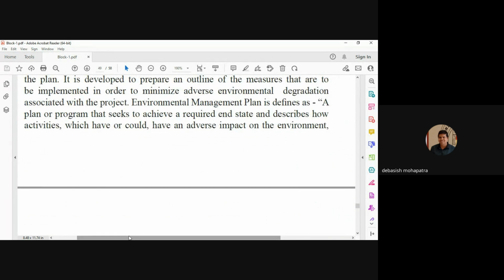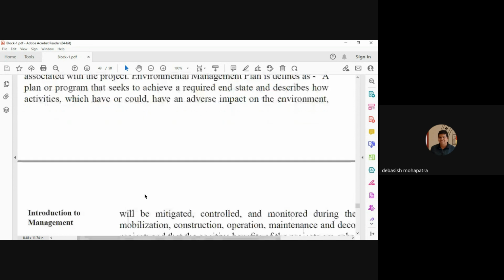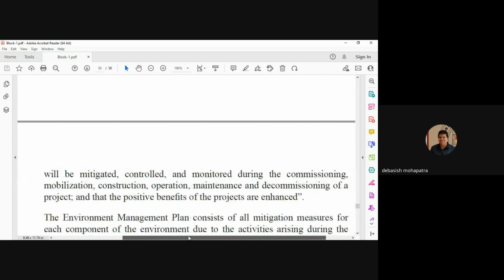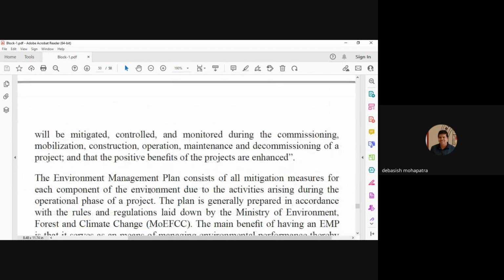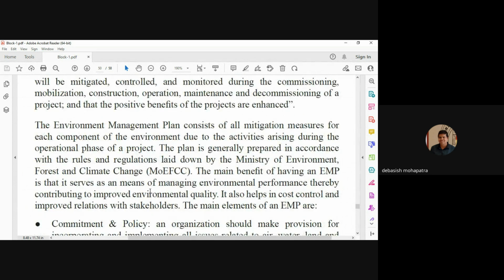The plan is a program that seeks to achieve a required end state and describes how activities which have or could have an adverse effect on the environment will be mitigated, controlled and monitored during the commissioning, mobilizing, constructing, operating, maintenance and decommissioning of a project. The environment management plan consists of all mitigation measures for each component of the environment due to the activities arising during the operational phase of the project.